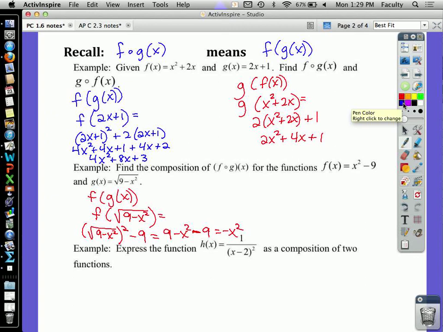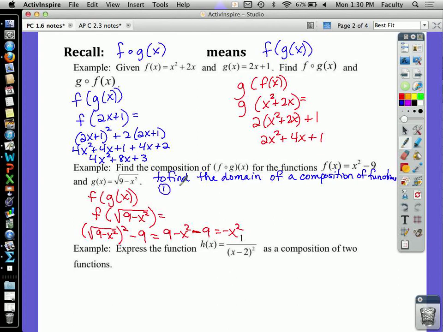Now, it didn't come out and ask for the domain, but we're going to work on domain. To find the domain, let's write this down so you have this in your notes. To find the domain of a composition of functions, it's a little different than a fraction, but similar, okay?